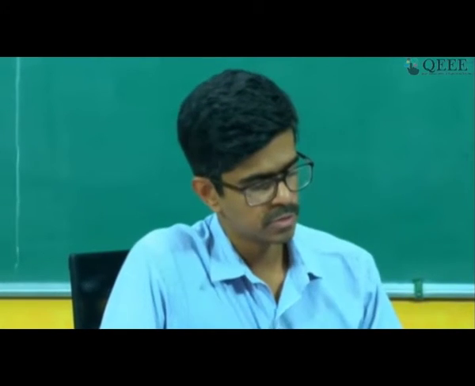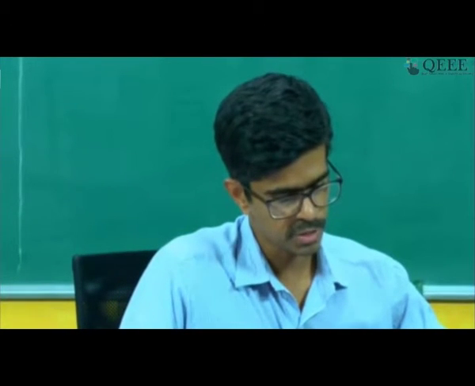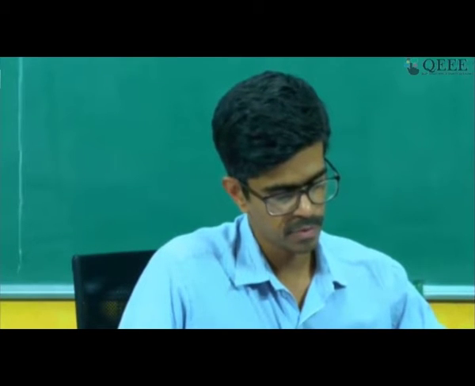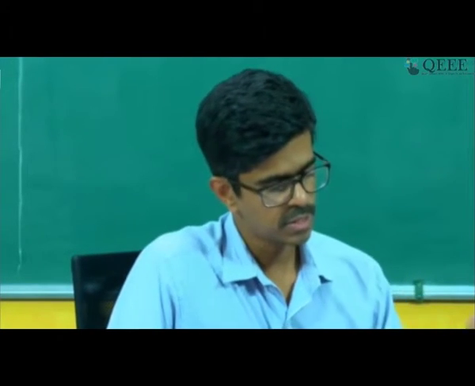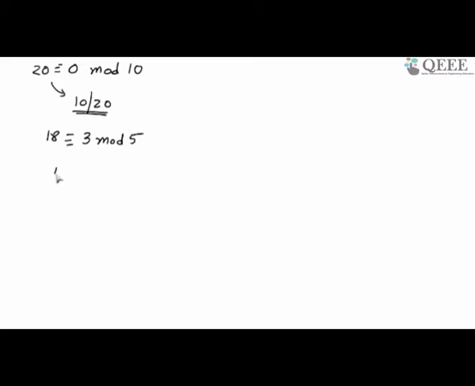So let's actually look at this. Let's take the example of 18 congruent to 3 mod 5. So the first thing we are looking at is that this is our first statement, and what we are stating is that, because of this third statement over here, M divides A minus B, we are stating that 5 divides 18 minus 3, which is equal to 15, and which is indeed right. 5 divides 15, right?